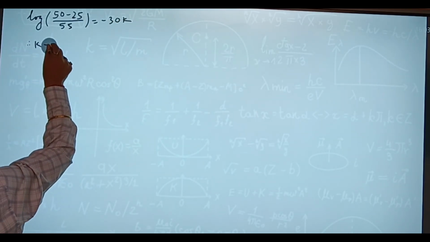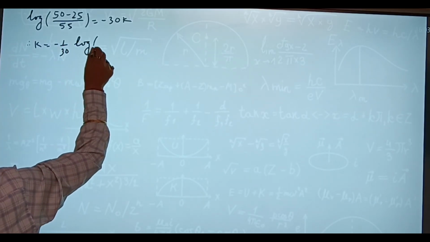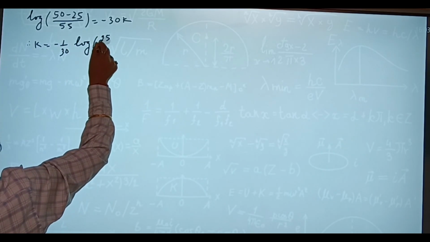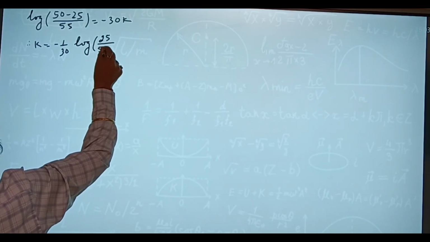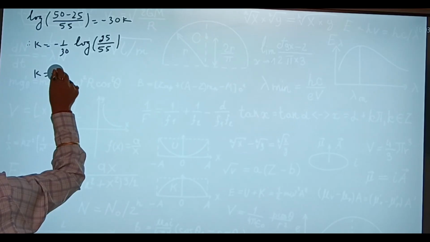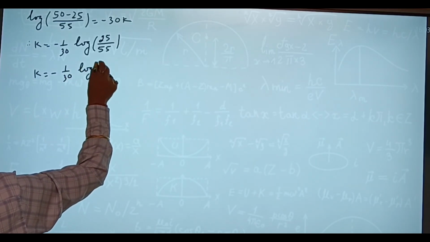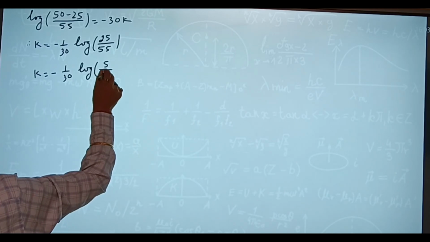So k is what? Minus 1 by 30 log 25 by 55, minus 1 by 30 log 5 by 11.